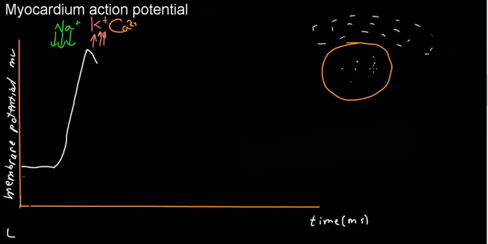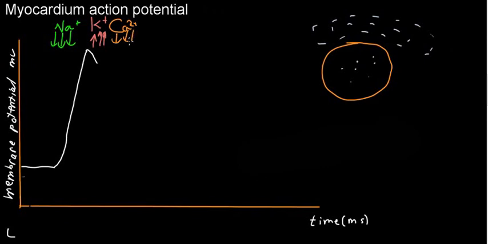We're talking about 10 to the negative 4 micromolars inside to right around maybe 1, 2, 3, or 4 micromolars outside. So what we're looking at really is that calcium is going to go inside of the cell.